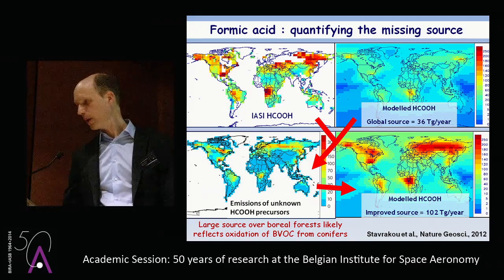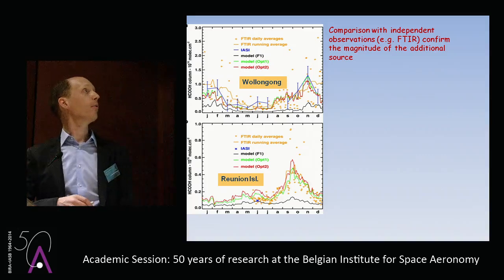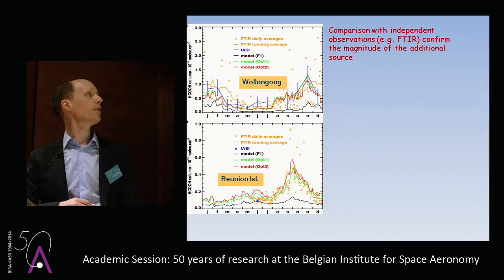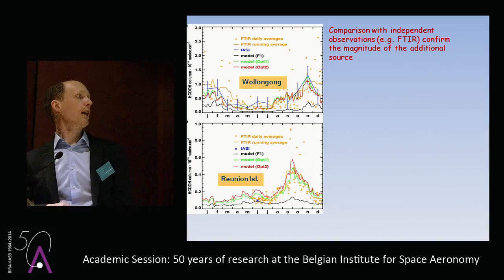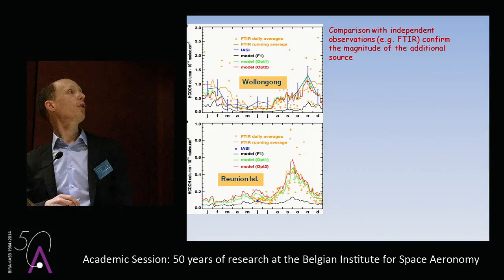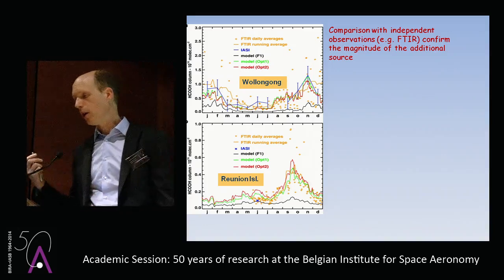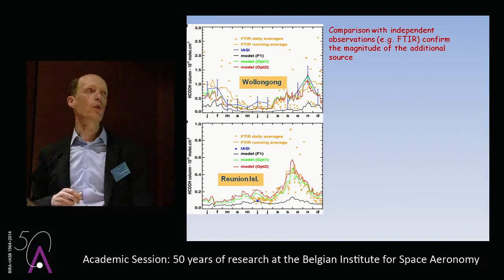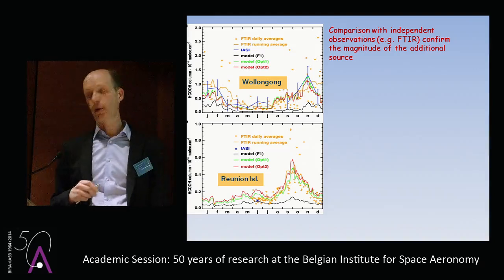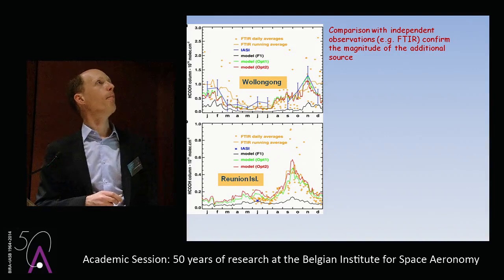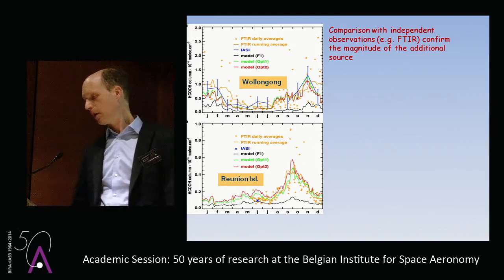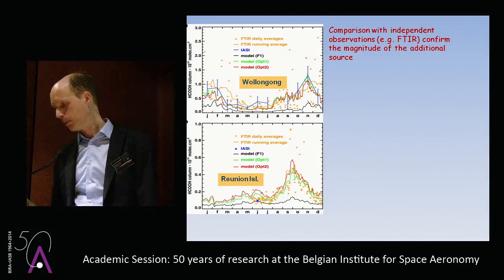And we also verified by comparisons with FTIR observations at those two sites, including Réunion Island, that the optimized emissions provide also a better representation of those measurements, as well as many other measurements, aircraft and in situ.